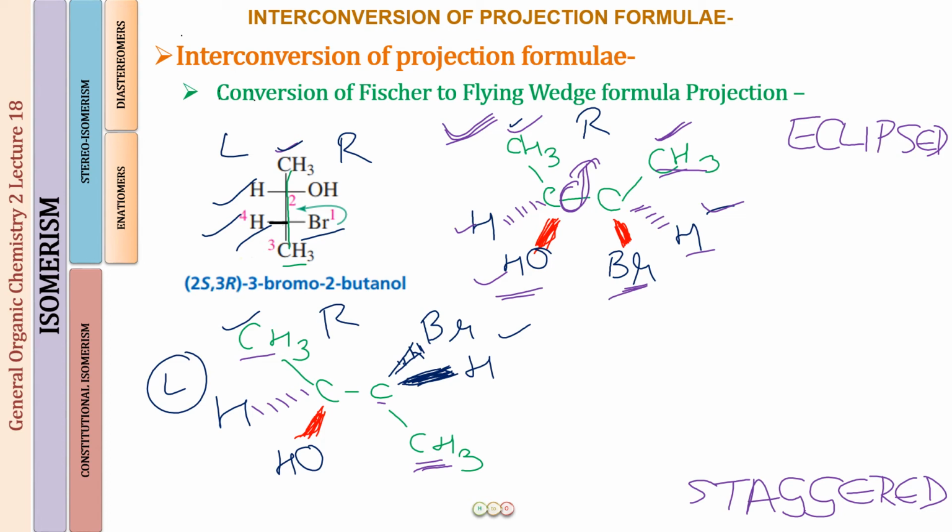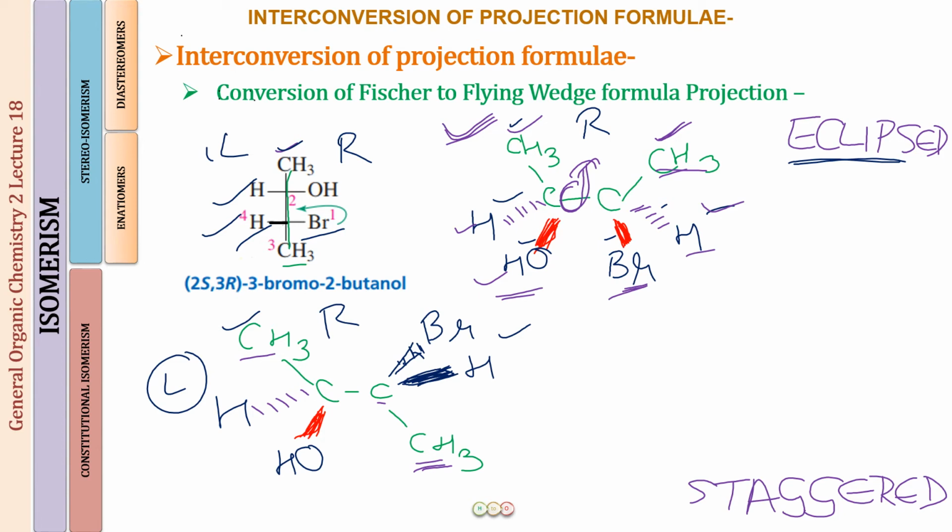If you remember, in the eclipsed projection, the wedge is nearer to us and the dash is away from us. So you will get the eclipsed projection, and then you can look at the left and the right and fill up the groups.